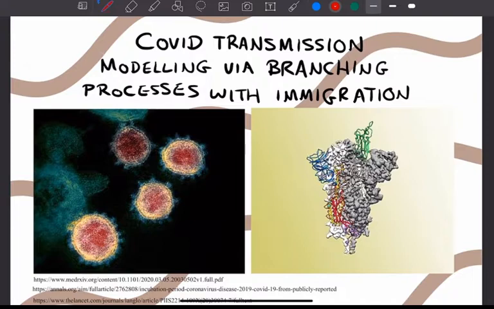Branching processes with immigration are a pretty darn good simplified model for that. They're not perfect, but they do a good job capturing some of the key features.